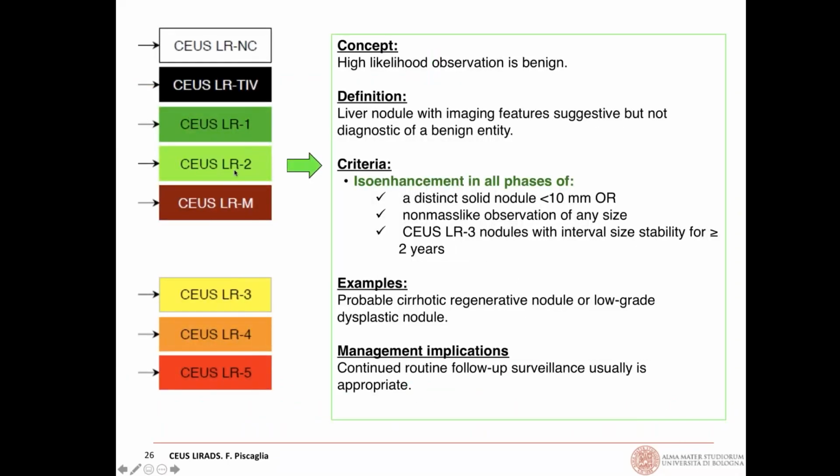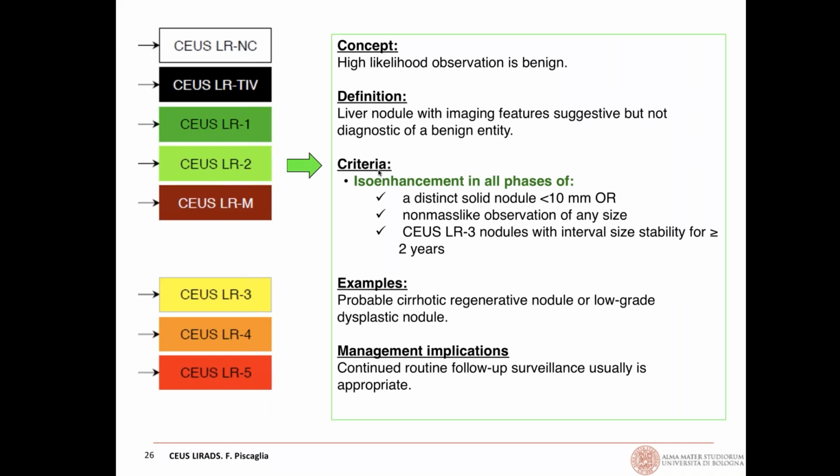CEUS LR2: these are lesions most likely to be benign, but not completely sure. And these rarely occur in CEUS because we start from a nodule that can be seen with ultrasonography. So when we see a nodule, very rarely is the risk of hepatocellular carcinoma very small.